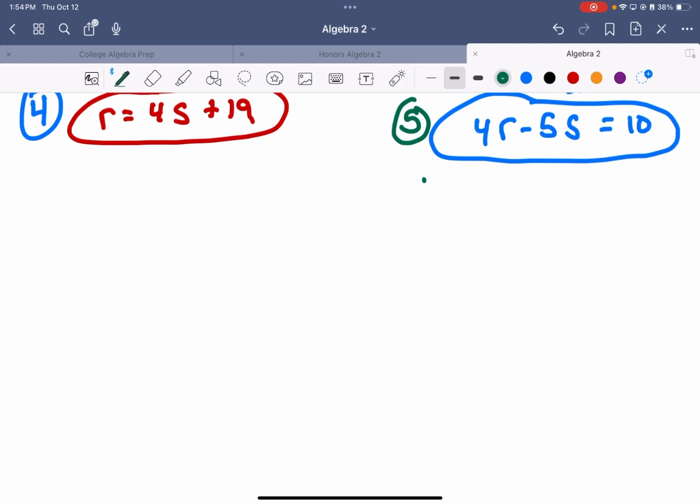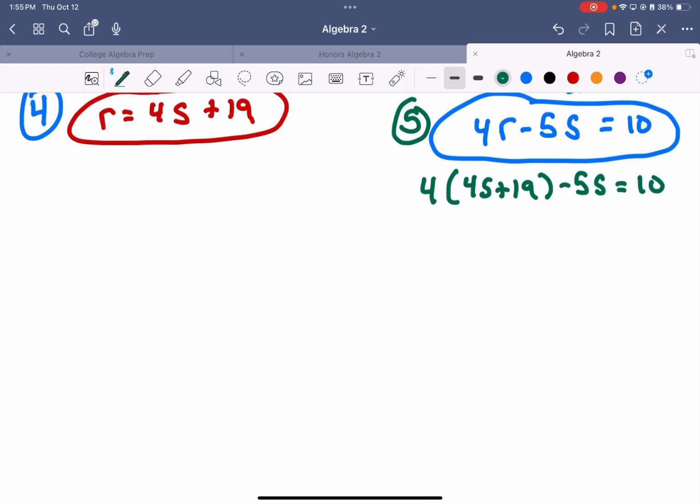So I'm going to rewrite this one as 4. I know what my r value is. It's 4s plus 19. Then I'm going to subtract 5s, and that's got to equal 10. But now notice how many variables are in there.